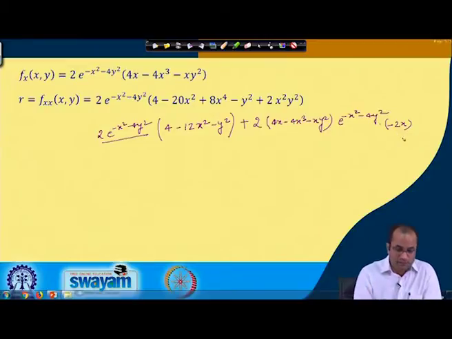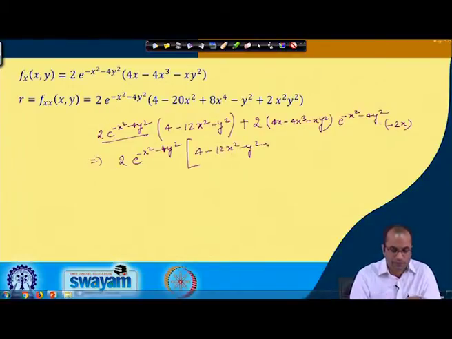In this case we will take common 2 e to the power minus x² minus 4y². From here we have 4 minus 12x² minus y². Here we have taken common 2 times the x, so we will get this minus 2.